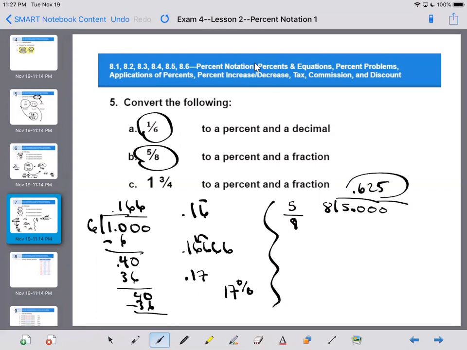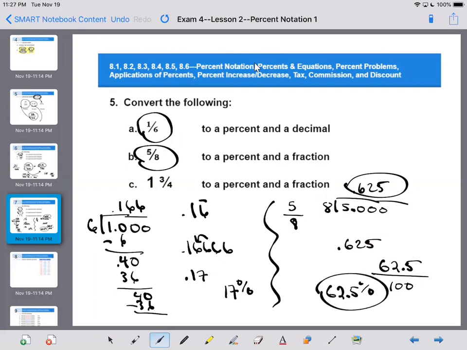That's going to be a terminating decimal. Now, what would that be as a percentage? Well, if this is our decimal, then 62 5/10 divided by 100 would be the fraction, and so 62 5/10% would be the percentage.